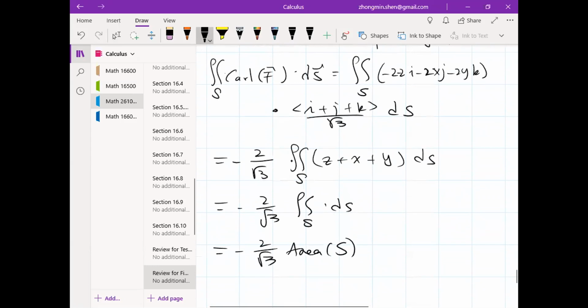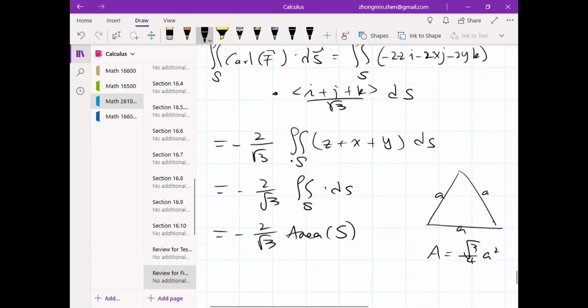So this is nothing but the area of the triangle. Now, there are still a number of students who, if I put the same problem on the test, cannot figure out the area of the equilateral triangle. I don't know whether they look at my review notes or not. If this is an equilateral triangle, the area is square root of 3 over 4 times a squared.